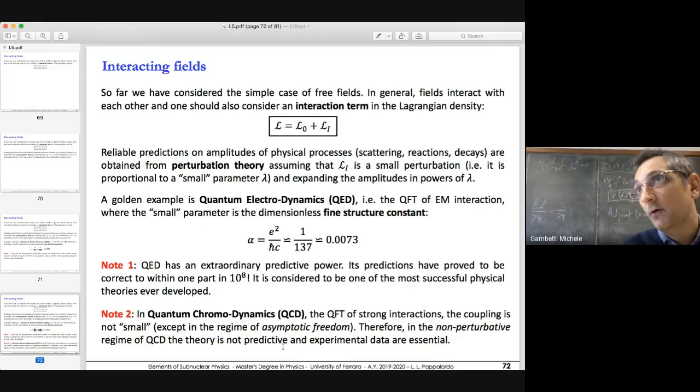The only way to learn about strong interaction in this non-perturbative regime is to make experiments and look at experimental data. You will not get predictions from first principles from the theory, unless you make, of course, assumptions, and so you use models, as we will see, but not from first principles.